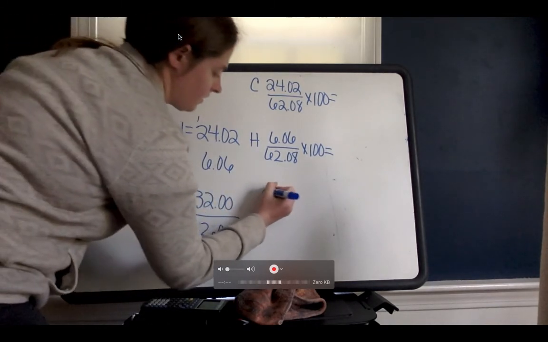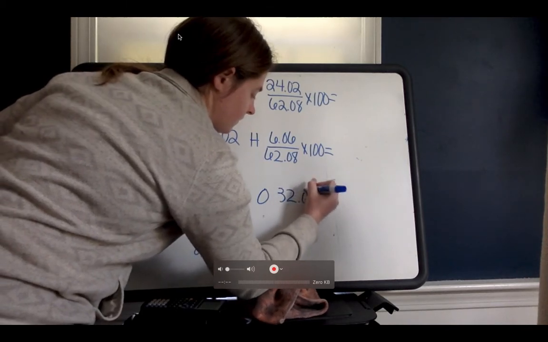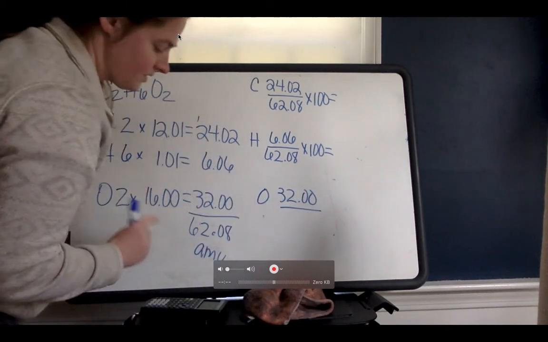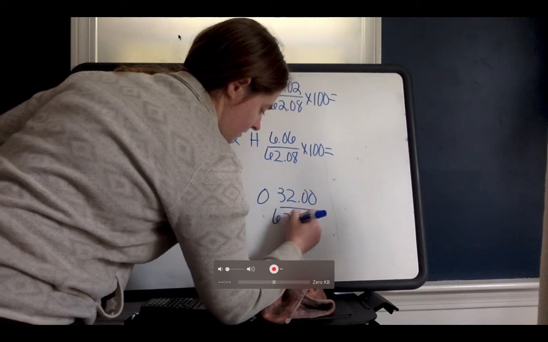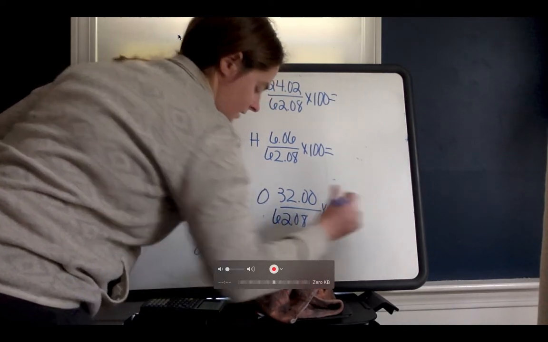And then oxygen is 32 divided by 62.08 times 100 since we want a percent.